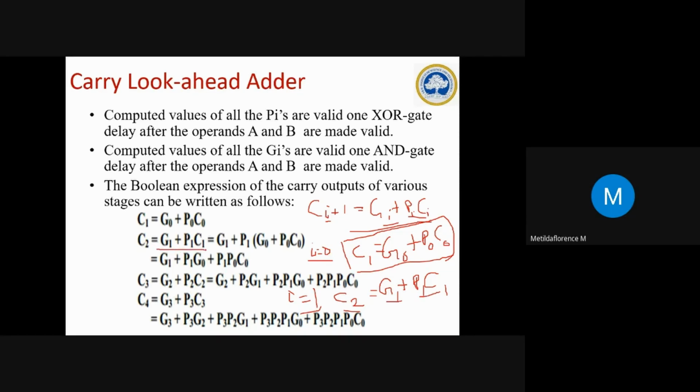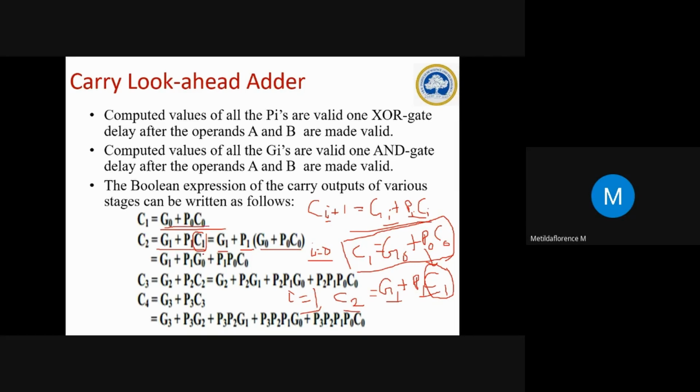Now I know the expression for C1, right? So now I am going to apply it here. You can see G1, P1, and I know the expression for C1. So what is C1? G0 plus P0 C0. Now in the place of C1 I am going to apply this, and then what will I be getting?